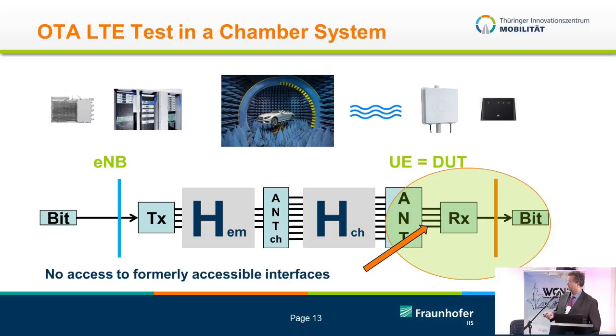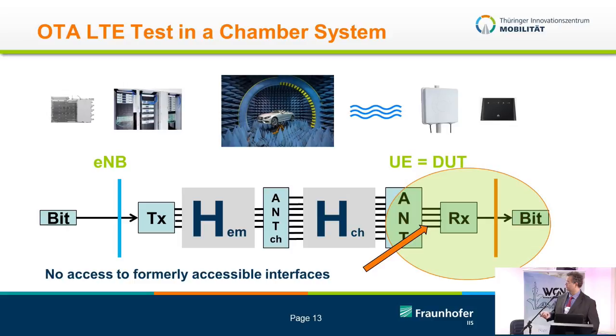And going from the antenna, you now have another transmission channel, and that is the transmission channel that you have inside this laboratory, inside your chamber. So hopefully it's a simple channel if it is an anechoic chamber, but this is not necessarily always the case.